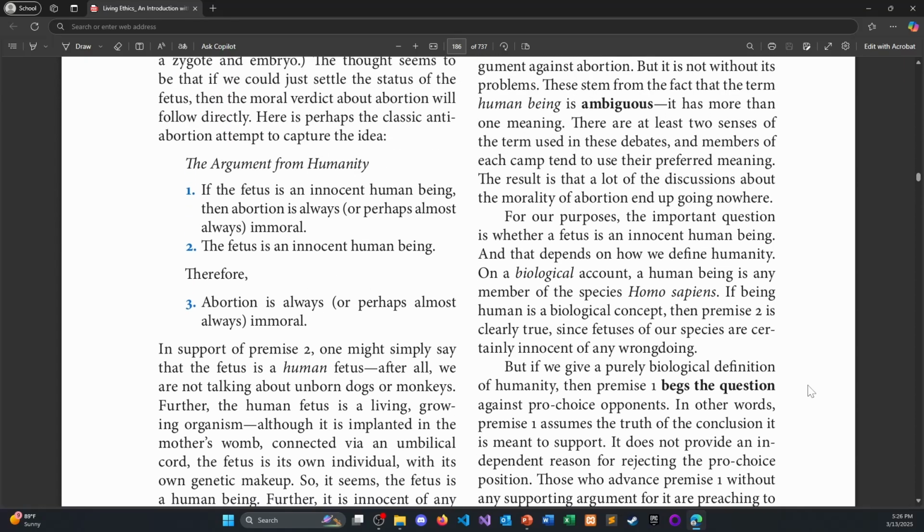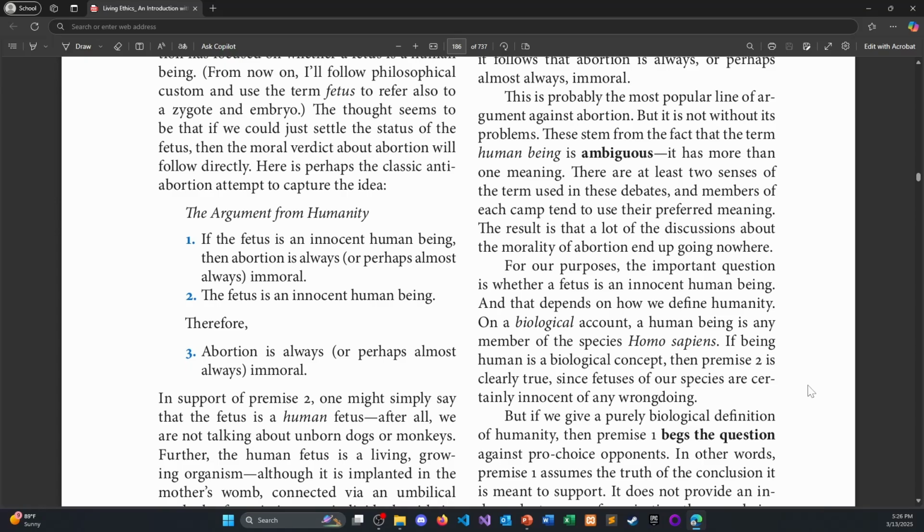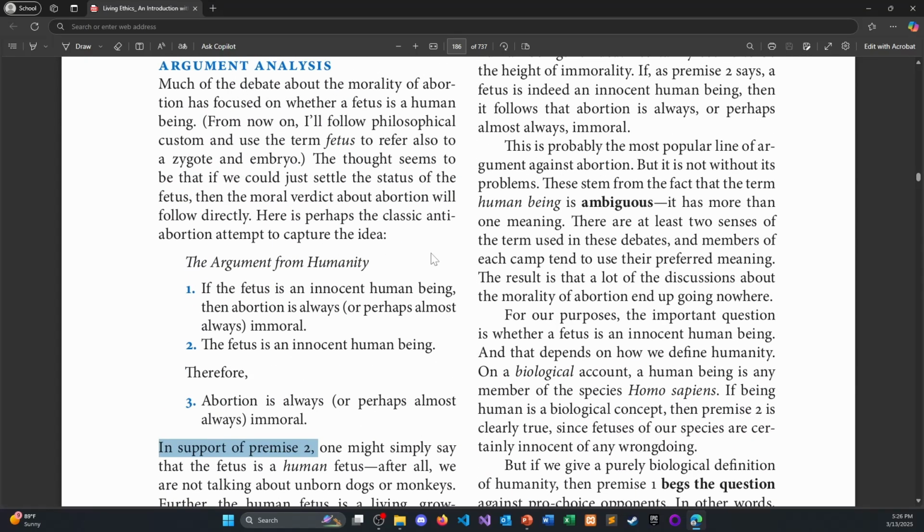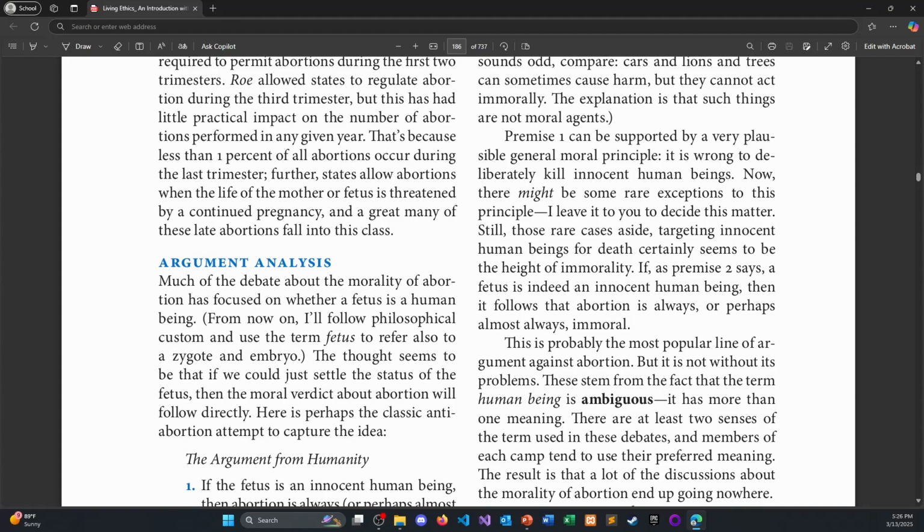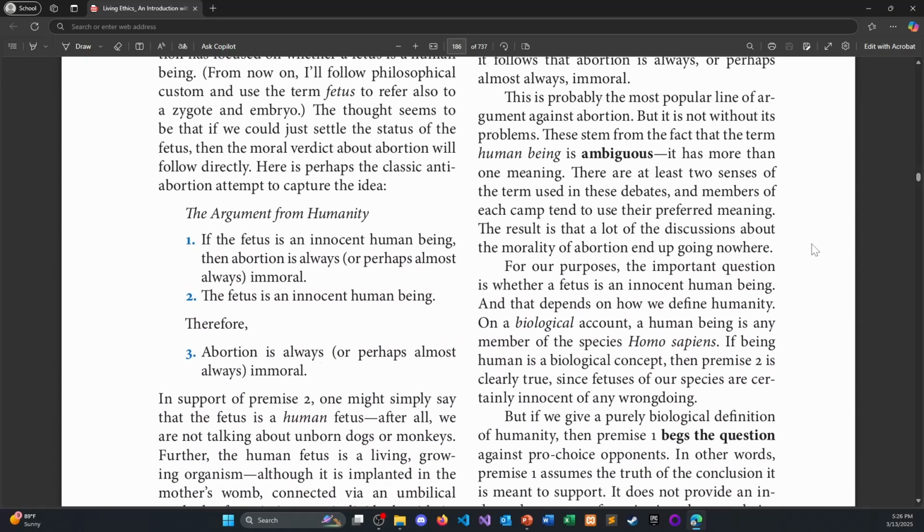Now, this book does a great job of analyzing the argument for us, because as soon as the argument's over, we have various replies. So we have supports for the premises, and we have potential replies to those supports. So we have arguments for and against these arguments about abortion.